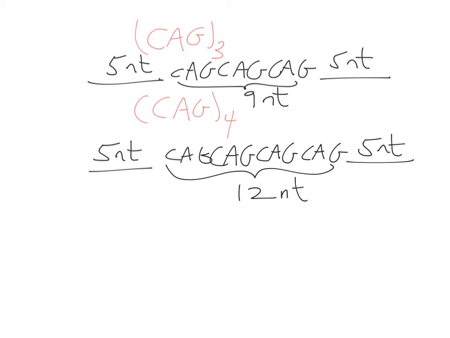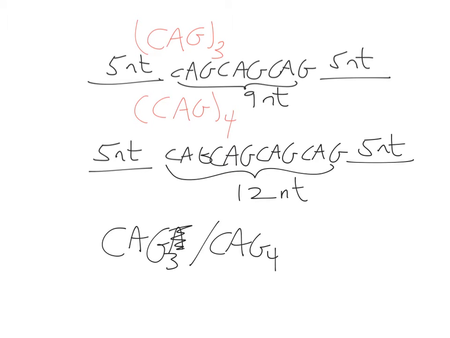So in the way the question is written, it says CAG3 slash CAG4. That's the genotype. And a genotype is, if there's a slash, that separates 2 different molecules of DNA. So you know, one chromosome's got 3 repeats and one chromosome's got 4.